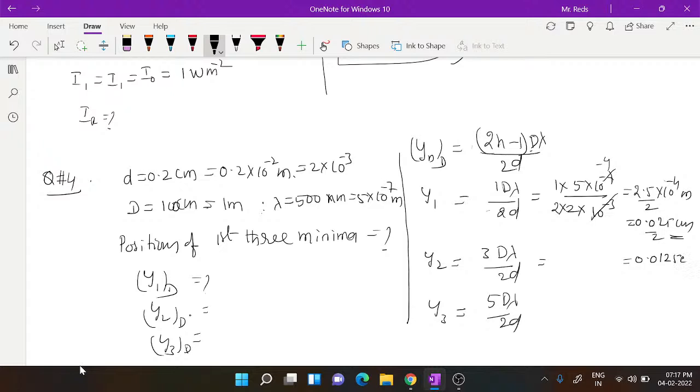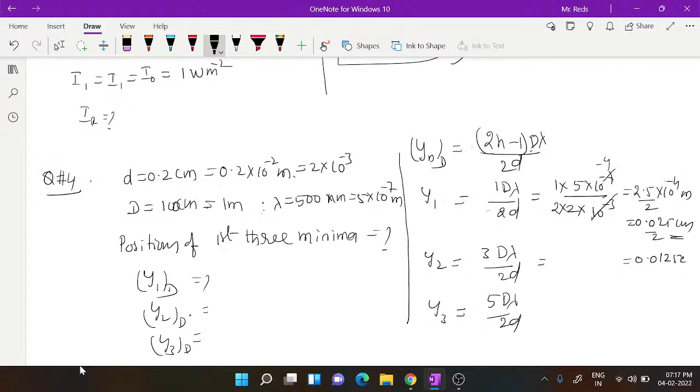0.025 centimeters means 0.0125. Then it will all be in centimeters only, right? 0.125 millimeters.